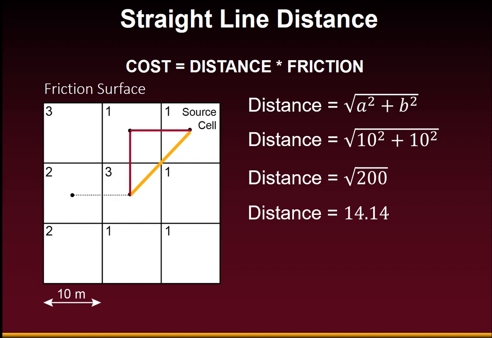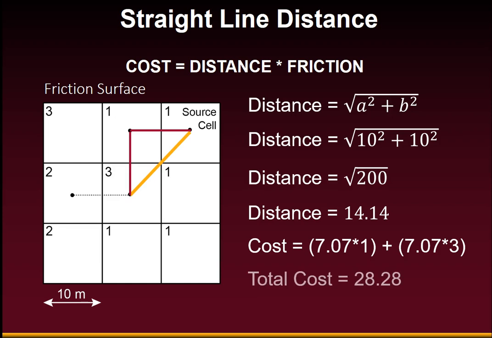Now that only gets us part of the way there because that hypotenuse travels through two cells. So we need to break that full distance of 14.14 meters in half and then compute each distance in each of the cells times the friction value in each cell. So the cost is actually going to equal 7.07 times 1, because that's the friction in the first cell, plus 7.07 times 3, which is the friction value in the second cell.